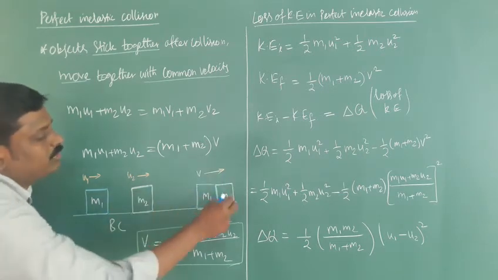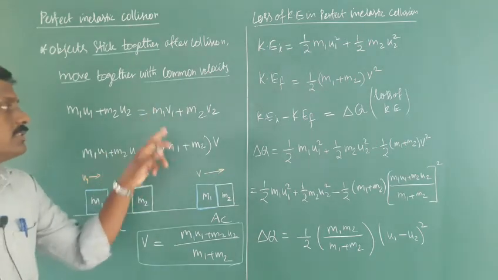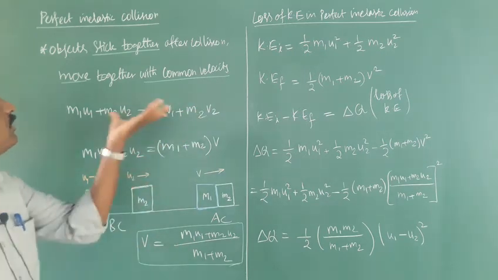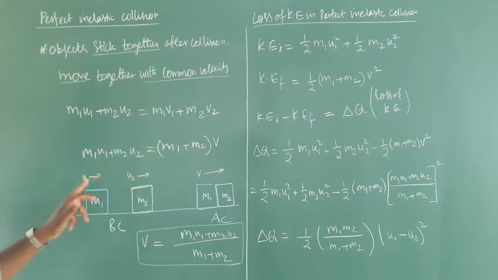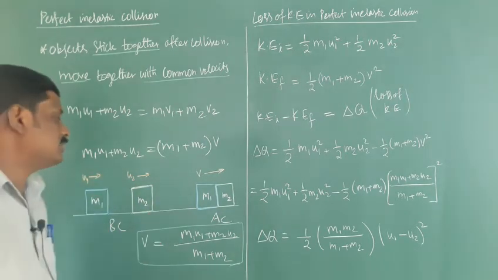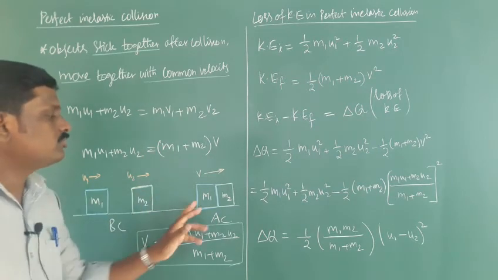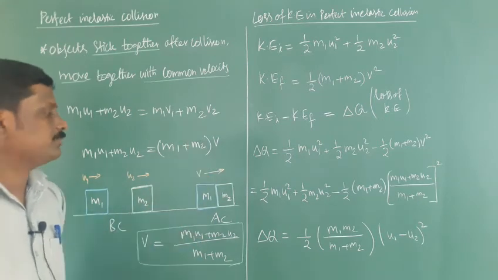Because m1 and m2 stick together, the momentum before collision is m1 u1 plus m2 u2. In the normal case, momentum after collision is m1 v1 plus m2 v2. Here, for perfectly inelastic collision, momentum after collision is m1 plus m2 times v, since they move with a common velocity.